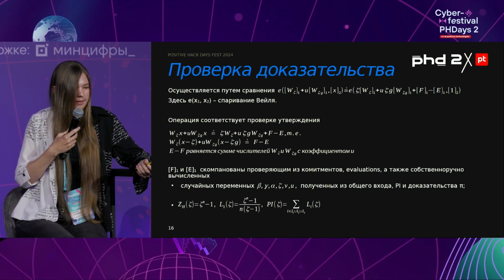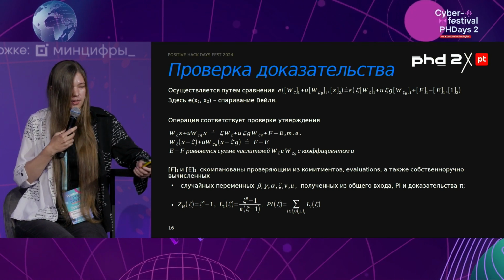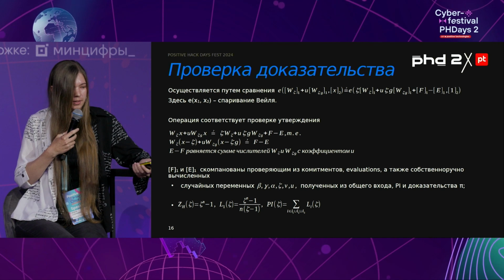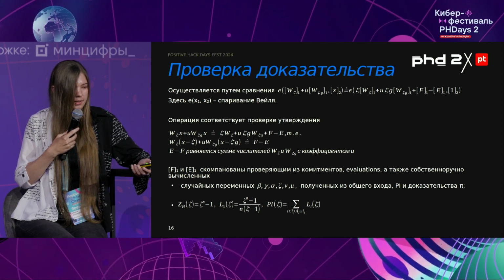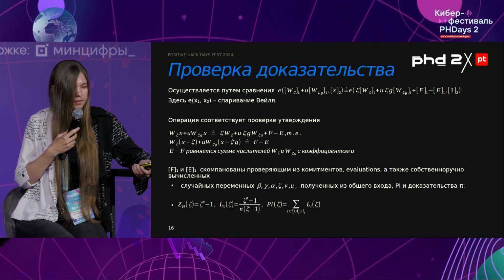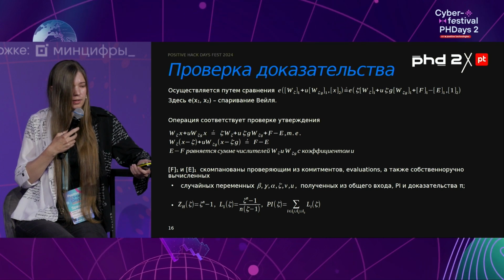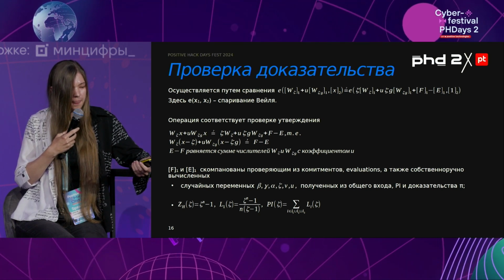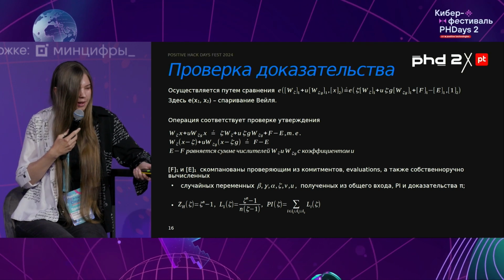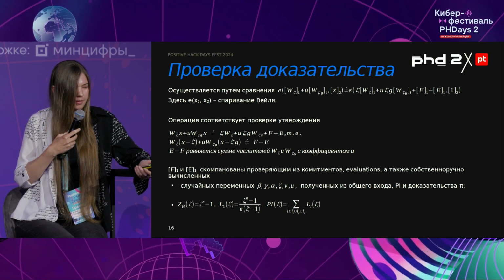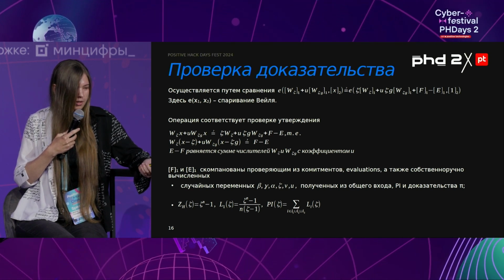As we do the verification, first, using the proof and the public input, they generate random variables beta, gamma, alpha, zeta, v, and u from the transcript.